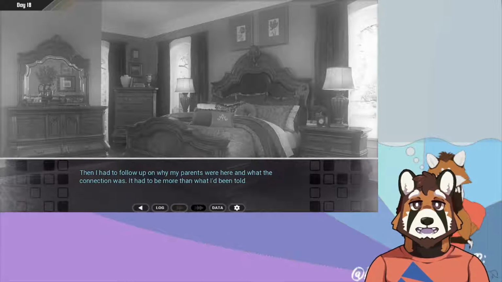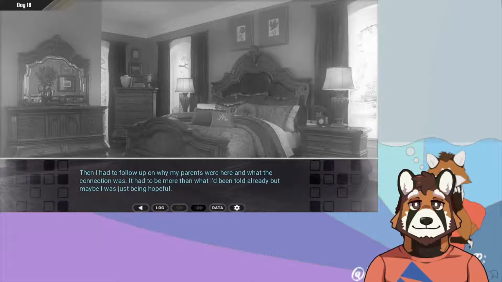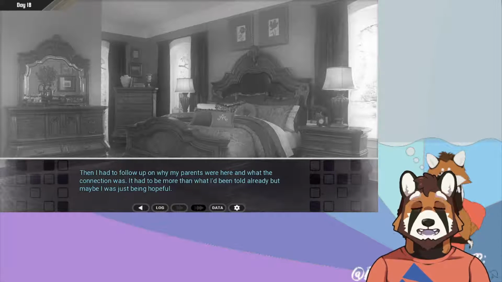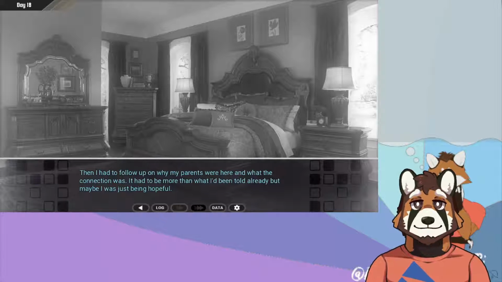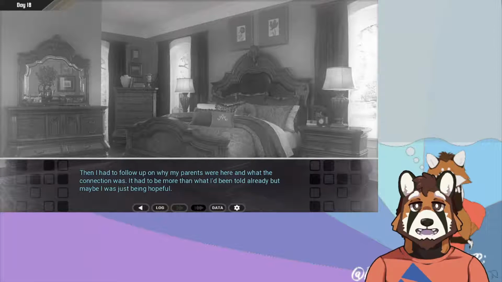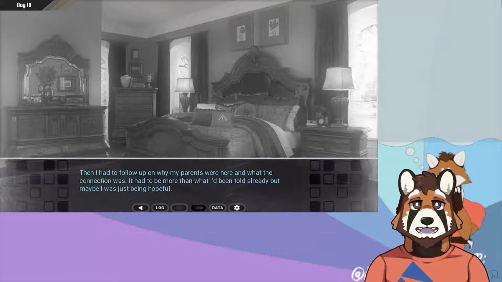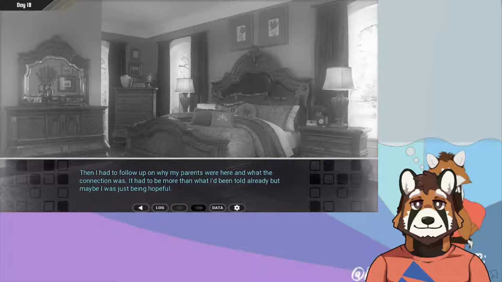Then I had to follow up on why my parents were here and what the connection was. Of course my parents are at home, like parents normally do. It had to be more than what I'd been told already, but maybe I was just being hopeful.